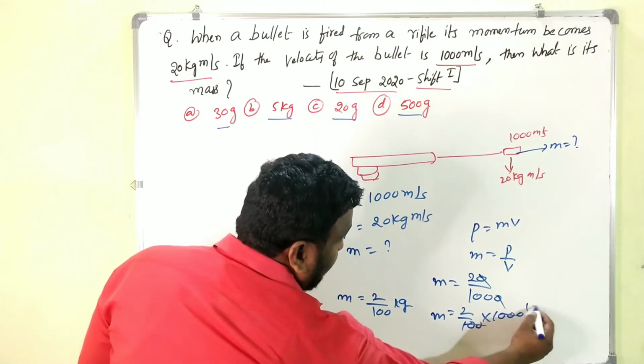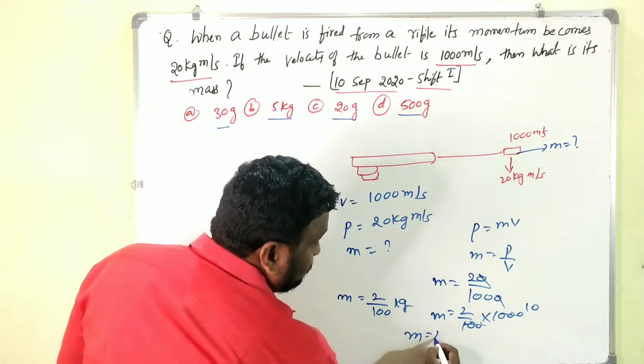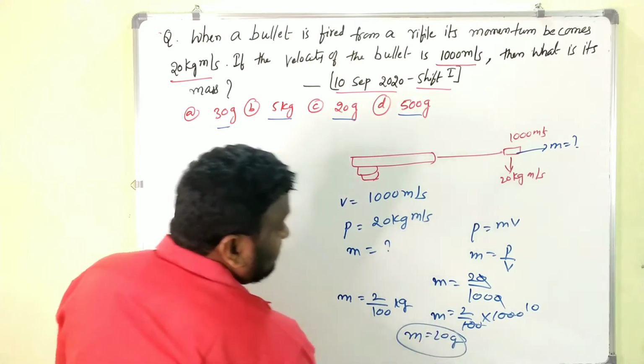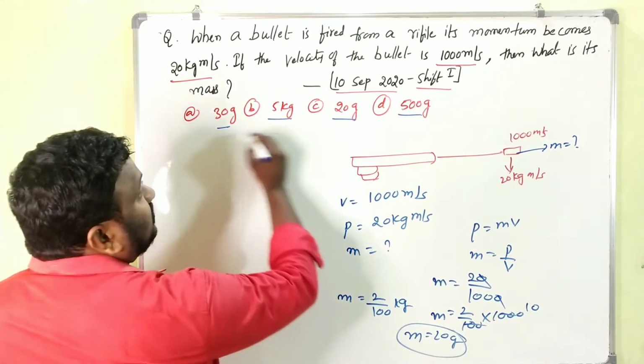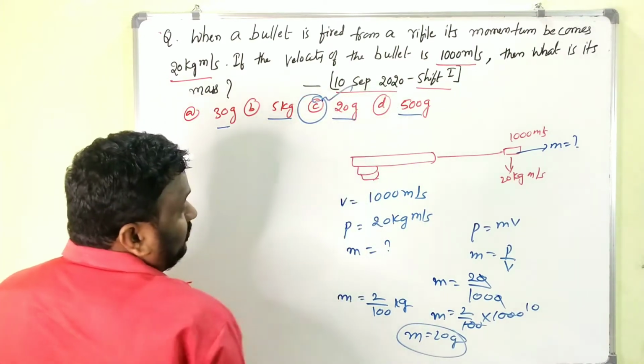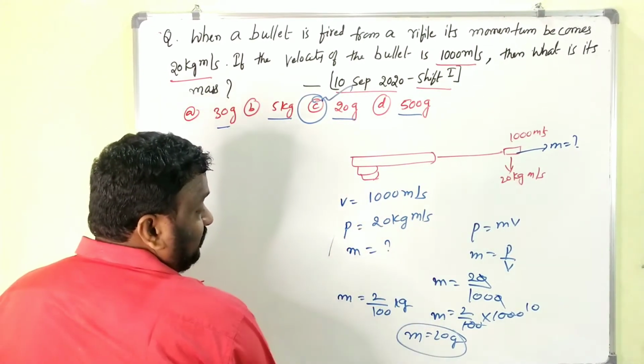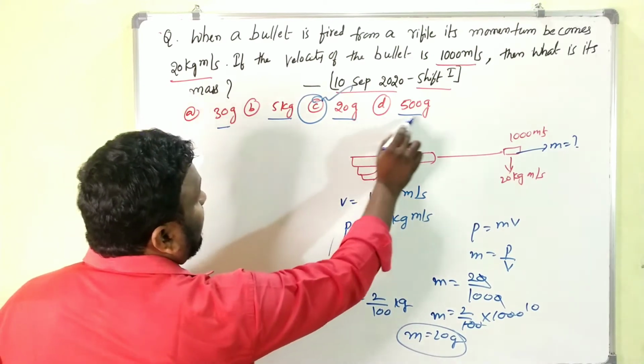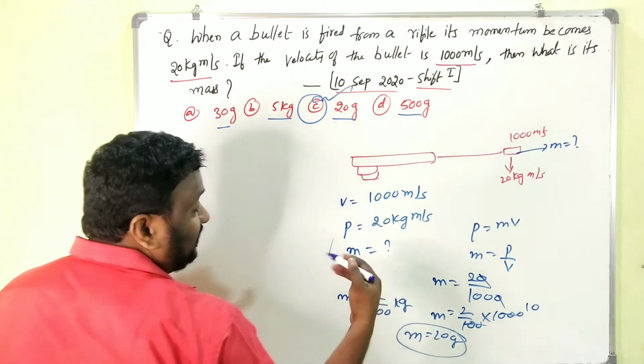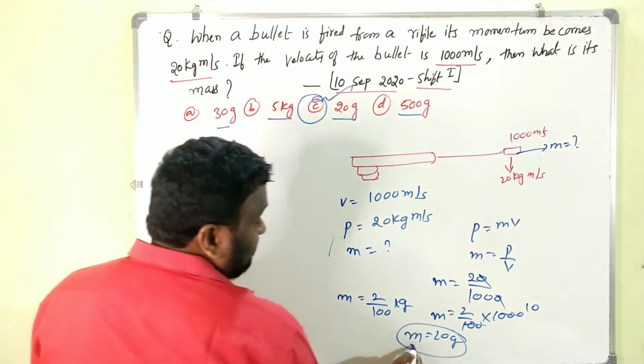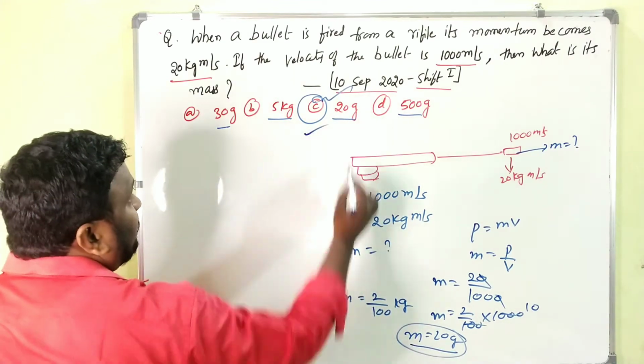Then simply m is equal to 20 grams. This is the mass of the bullet. Among the 4 options, C is the correct one. All the values are in SI, but the options are given in grams, so you have to find it in CGS units. That is m is equal to 20 grams. The third one is the right one.